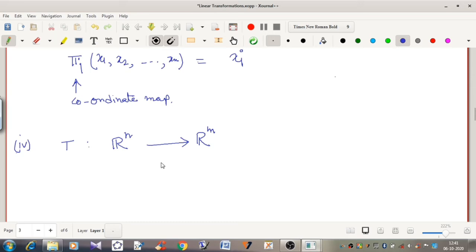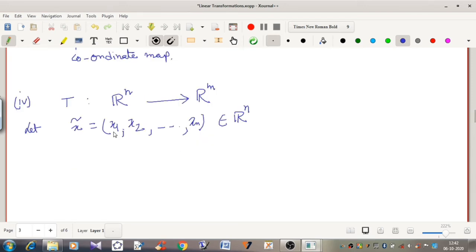Okay, so now let us take an element x tilde, that is x1, x2, ..., xn from the vector space Rn.